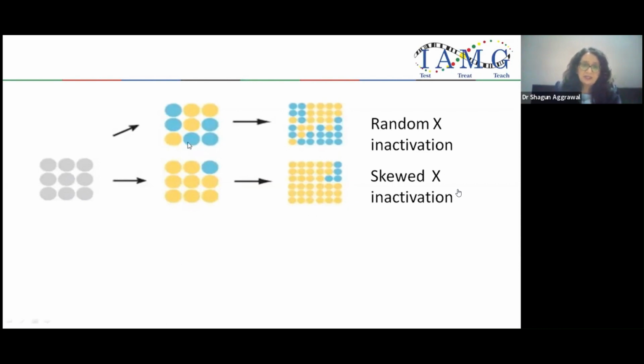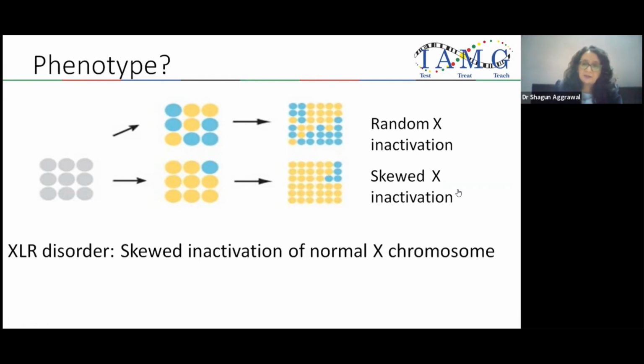Just to show here, suppose we consider the blue cells to be one X chromosome and the yellow ones to be the other. In random X inactivation, you would expect roughly equal proportions of cells having the two different X chromosomes, whereas in skewed X inactivation, the majority of cells would have one X chromosome active. So how does this really determine the phenotype?